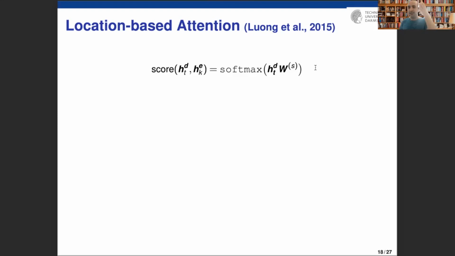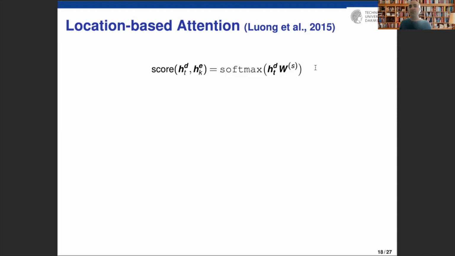If we are at the second position, then the hidden state in the decoding phase may contain all the necessary information because the context is directly fed to this step as well. So the main idea behind location-based attention is that we use a linear layer to map these hidden states in the decoding phase to some numbers over different states in the encoding phase.